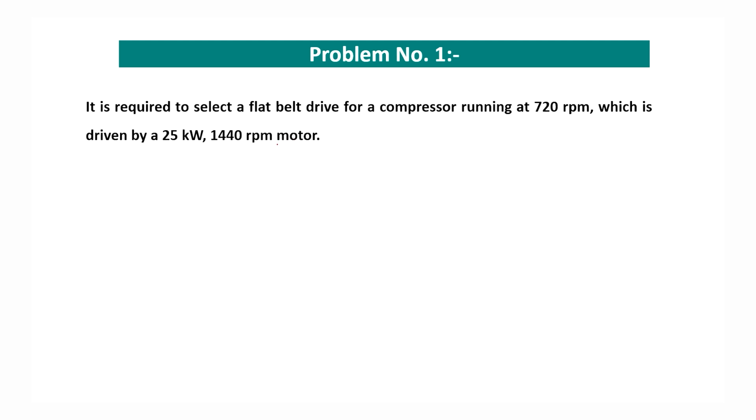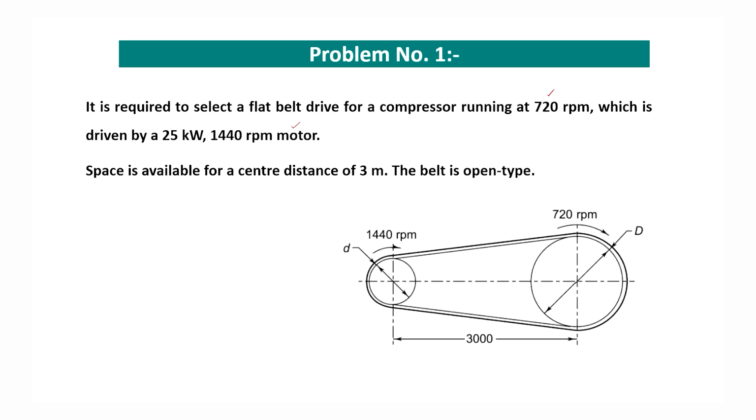It means the driving shaft is driven by a motor and the power is 25 kilowatt and the RPM of the driving shaft is 1440, and the driven shaft has 720 revolution per minute, and the driven shaft has to run a compressor. Now, space is available for a center distance of 3 meters. The belt is open type.